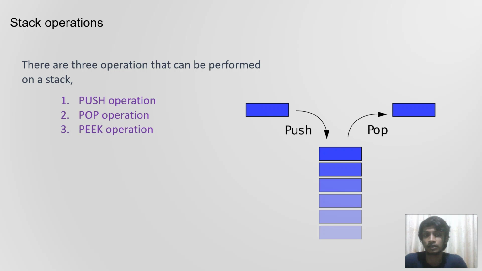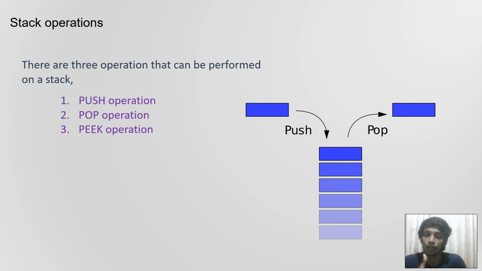So basically, what is the push operation? Push means inserting an element to the topmost location of the stack. I said before, in the stack we have a specific location called the topmost location, and that is our pointer.